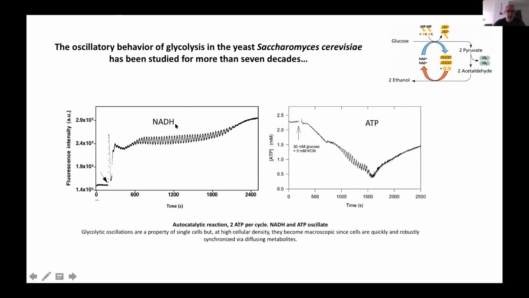Here we use the fluorescence of NADH; it is oxidized, and the oxidized form is non-fluorescent, so you can see the oscillations of the NADH. Also, using sensors, you can follow oscillations in ATP. Glycolysis is an autocatalytic reaction, so you generate 2 ATP per cycle, and every time the cycle goes one way, you see an oscillation in the activity of these compounds.